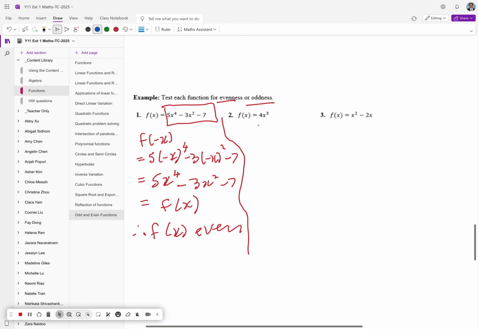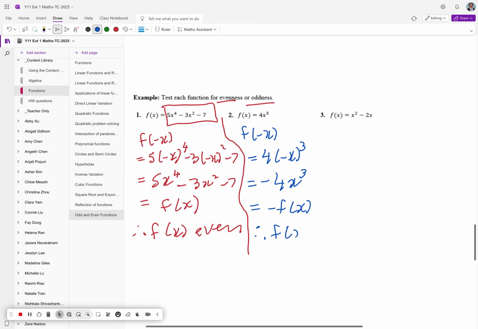Now, for this one, start off with f of minus x, which equals 4 times minus x cubed, which equals minus 4x cubed, which equals minus f of x. Therefore, that is odd.